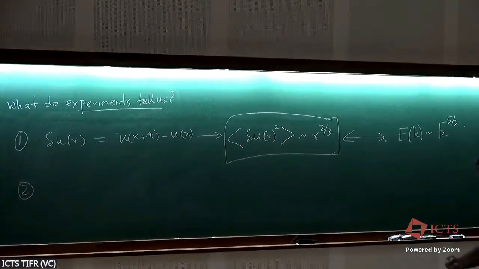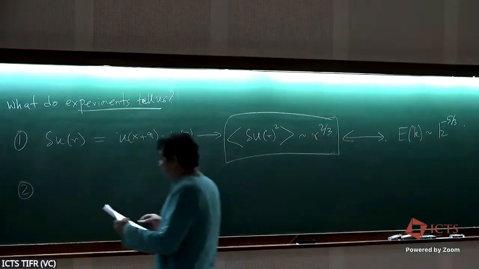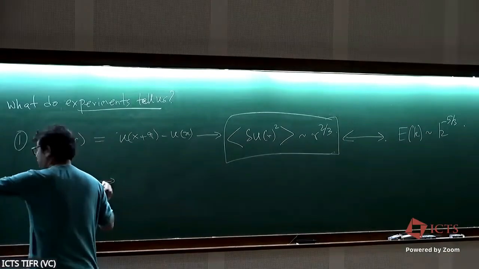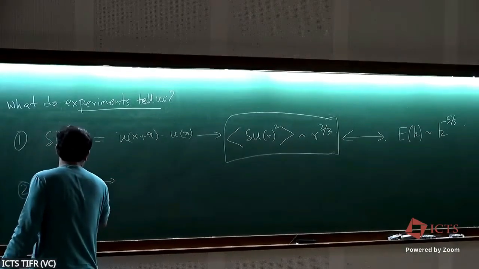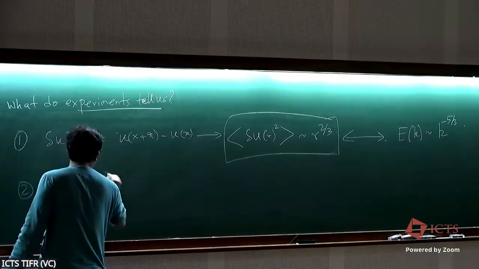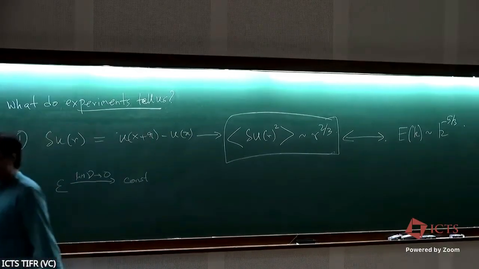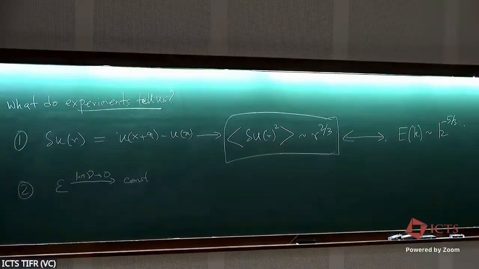The other interesting observation that people gathered from experiments and more so from full numerical simulations of the Navier-Stokes equation was that epsilon, that dissipation term, in the limit of viscosity going to 0 is a constant. Now, there is a little more caveat to the statement. You have to ensure that all the other parameters in your experiments are held constant, and there's a unique way in which you can start reducing the viscosity.